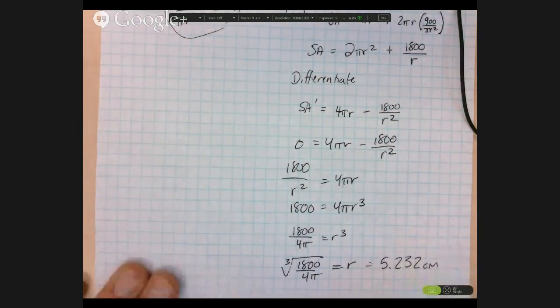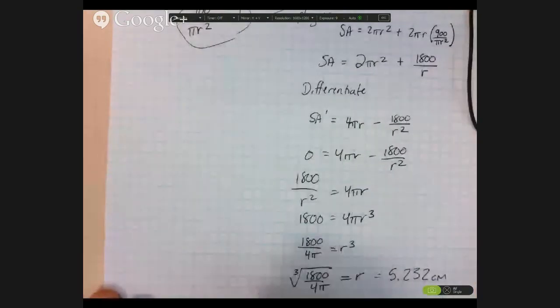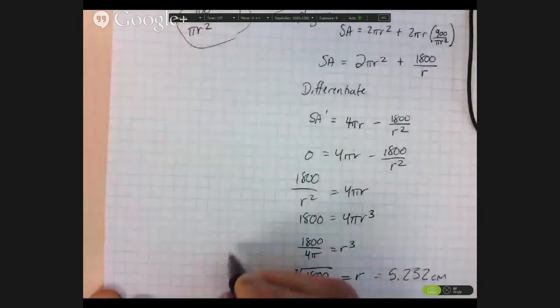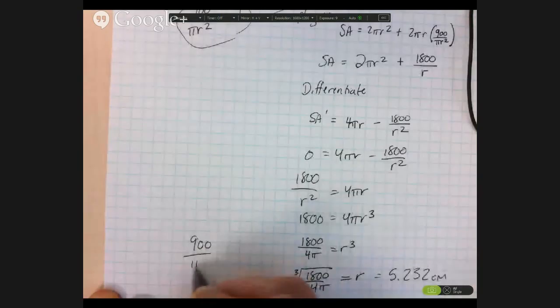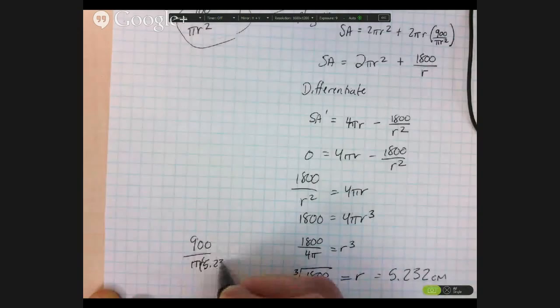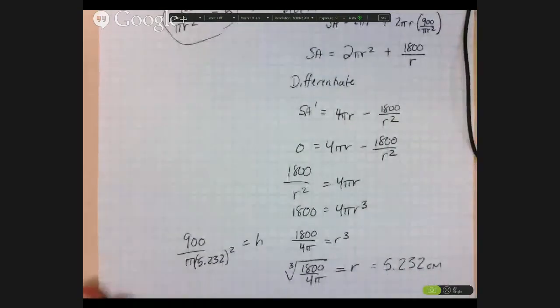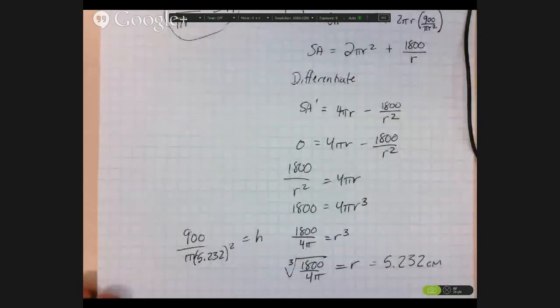And then plug it back in, right? It doesn't matter which one you use. Should we plug that one back in the original and find it? Yes.